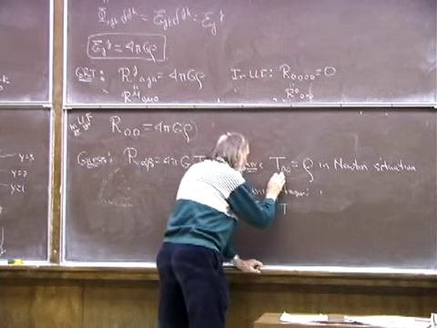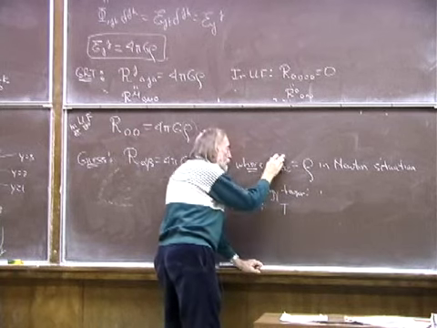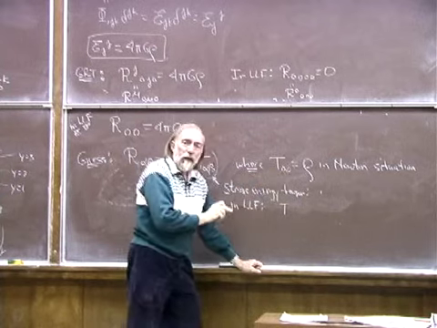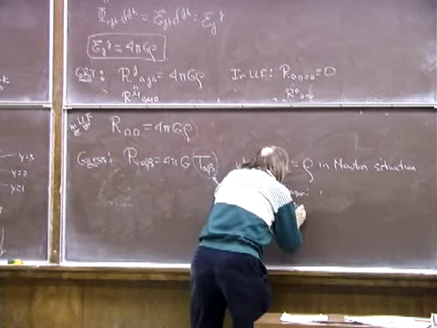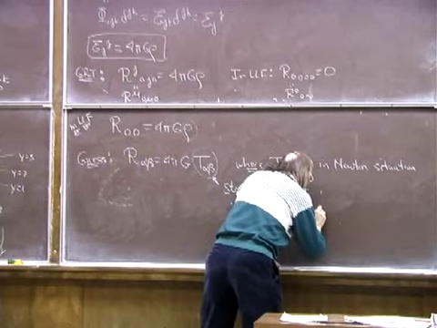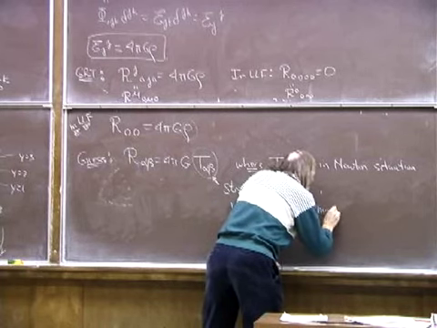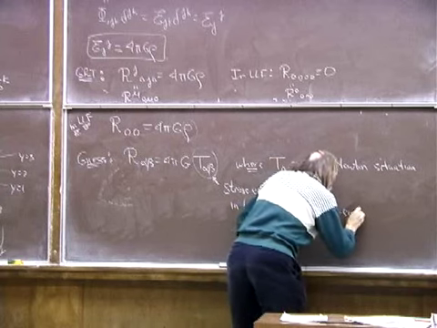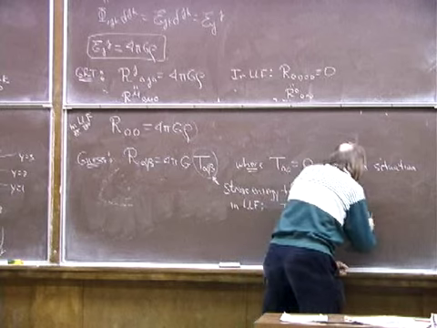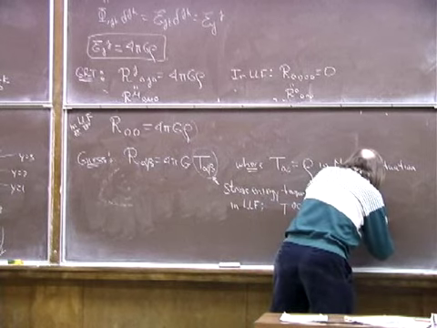I raise this zero index, I flip a sign, I raise that zero index, I flip a sign again, I get back to where I started. So T^{00} is equal to the total density of mass energy, including all forms of energy: rest mass, kinetic energy, thermal energy, magnetic energy, and so forth.